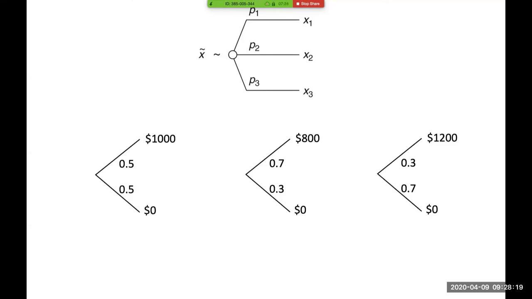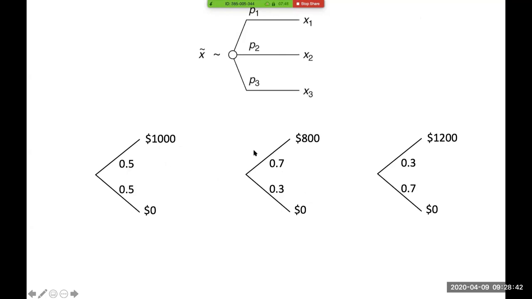Can you quickly judge which one is the most preferred? You start with this one: a chance of winning $1,000 and $0. In the second deal, you have a higher chance of winning now, however the dollar amount is 800, lower than 1,000.